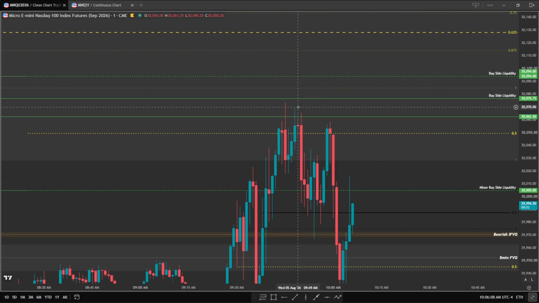So that changes the entire context, and I didn't have this annotated initially. That's unfortunate. And then it failed to reach that one. And then we have a break in structure, and then OTE, order block. I think that's a rejection block, right? Rejection block there.